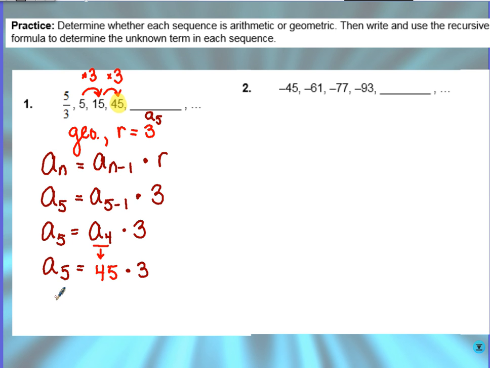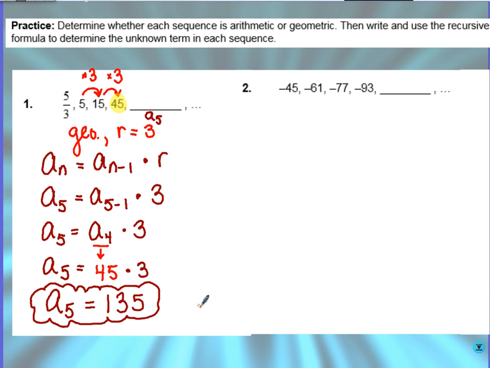Use your calculator if you need, and here we have the fifth term is equal to 135. So this is how you show using the recursive formula to get to the next term.